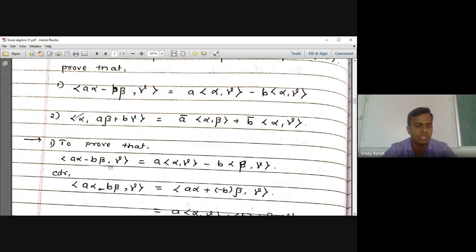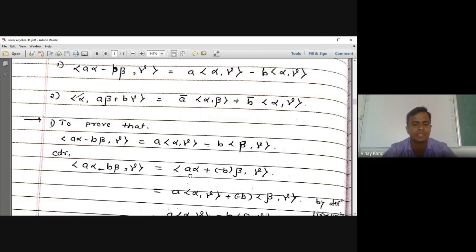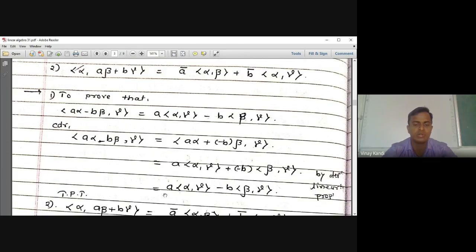Consider the left hand side of the above equation, which is the inner product of A alpha plus, in bracket, minus B beta, and gamma. By the linearity property of inner product space, we can write A into inner product of alpha gamma plus minus B, where A and B come from the field F, inner product of beta gamma.